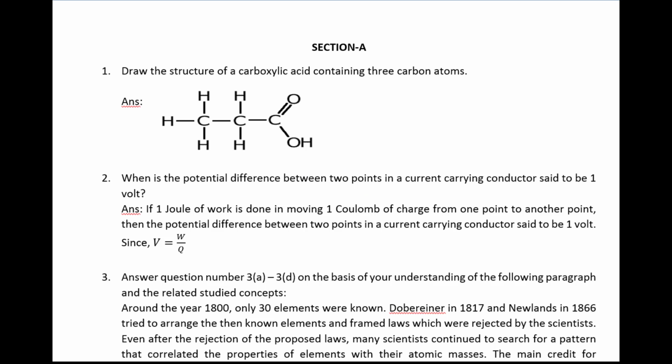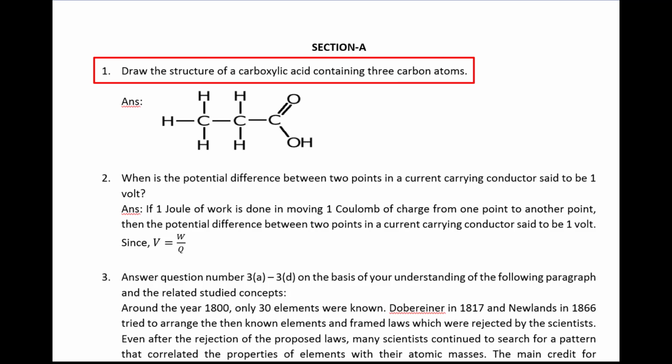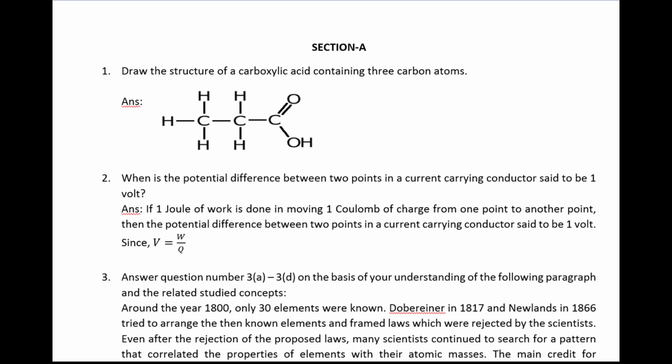The first question is, draw the structure of a carboxylic acid containing 3 carbon atoms. We need a carboxylic acid. Therefore, there will be a functional group COOH. That means in the C there will be a double bond O and OH.